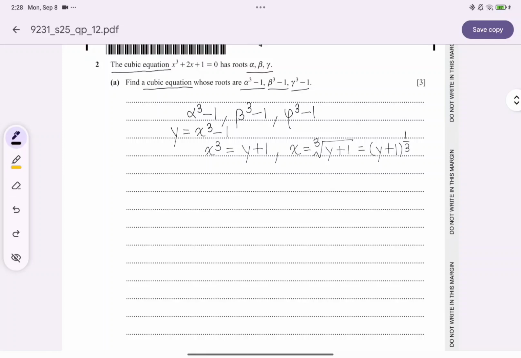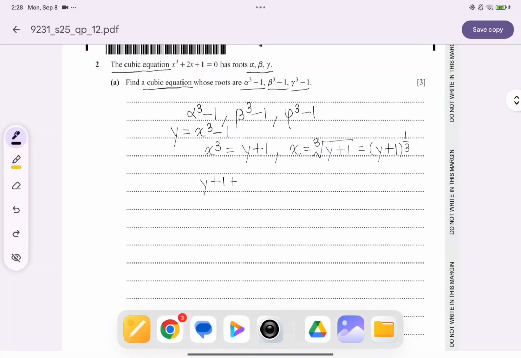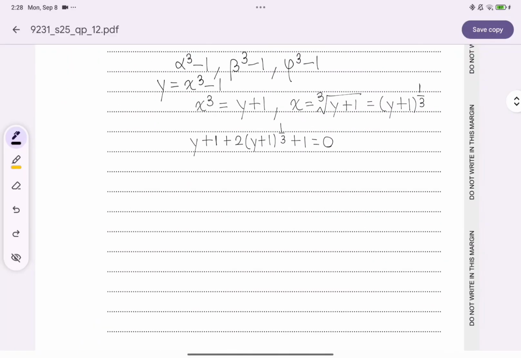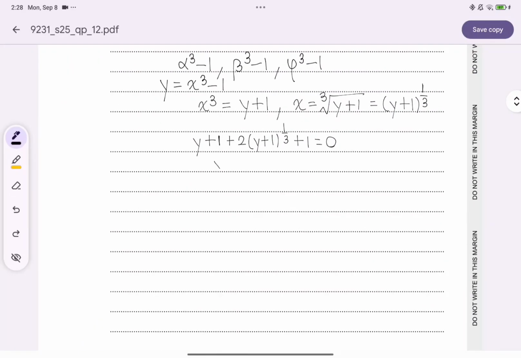Okay, now let's substitute this into our equation. So y plus 1 plus 2 times y plus 1 to the power of 1/3 plus 1 equals 0. Alright, now let's simplify as much as we can. So we'll get y plus 1 plus 1, that's y plus 2, plus 2 times y plus 1 to the power of 1/3 equals 0.